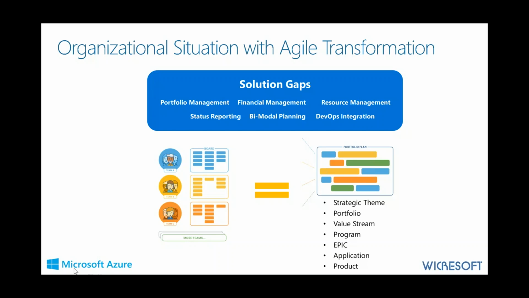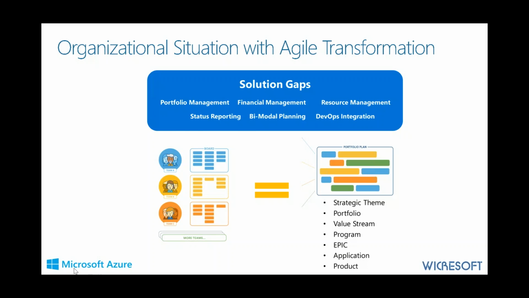And then the rest of the work hierarchy with Scrum Agile, which is epics, obviously, and the work underneath those epics. But there's also application and product. So if you group work and sprints according to those, what are you actually delivering?